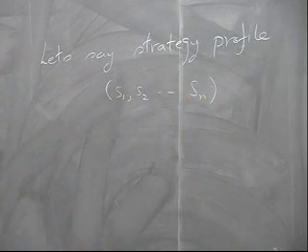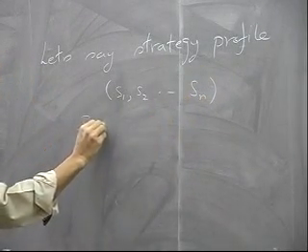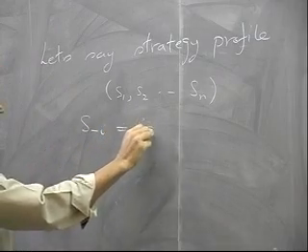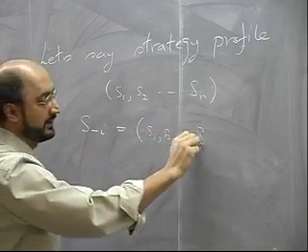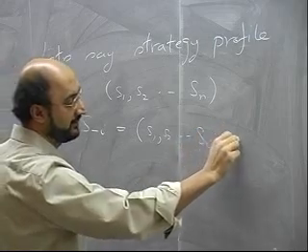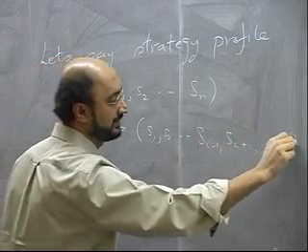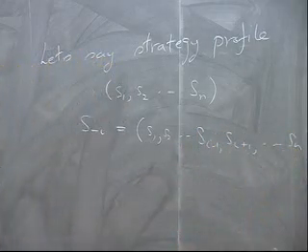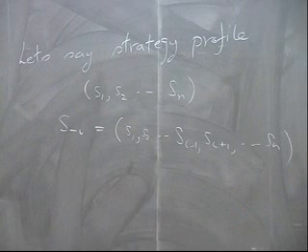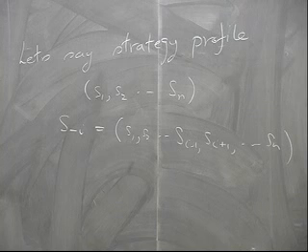Then we define S minus I to be the strategy profile S1, S2, ..., S(i-1), S(i+1), ..., Sn. That is, you take the strategy profile, you remove Si from it, and we'll call it S minus I, and it's just a convenient notation.